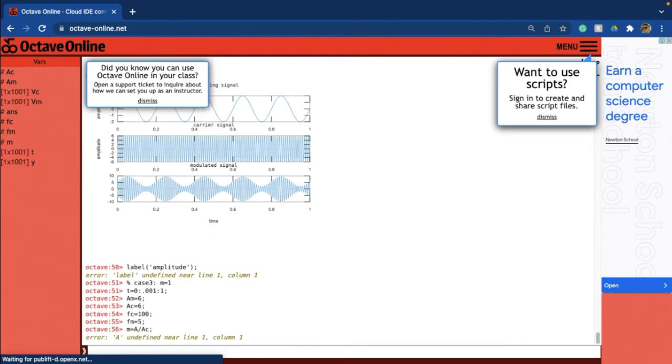And similarly, you have to define VM, you have to define VC and your modulated signal Y. M is equal to AM by AC.